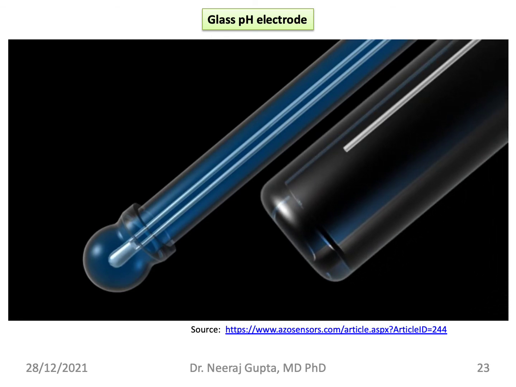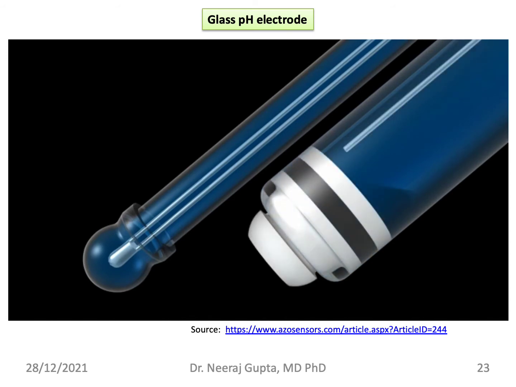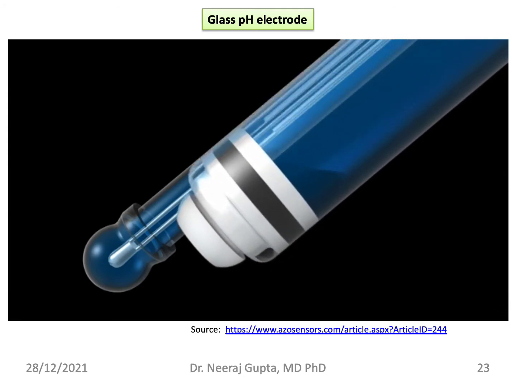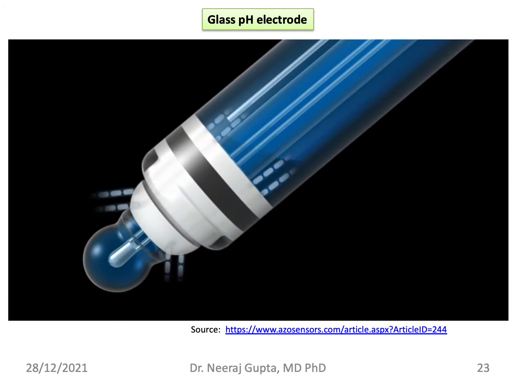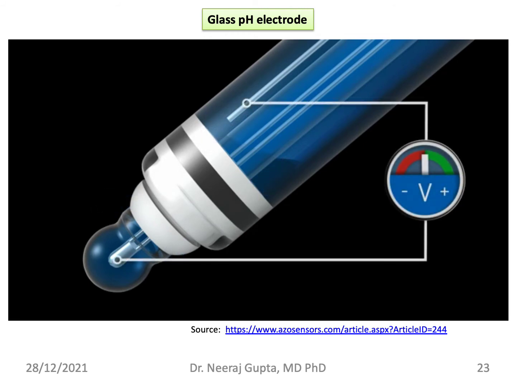The reference system is located in the outer glass tube and also consists of a silver chloride wire in a potassium chloride solution. A so-called junction protects the reference system from the medium to be measured without disconnecting the electrical connection between them. The pH value is calculated from the potential difference between the reference system and the measuring system.